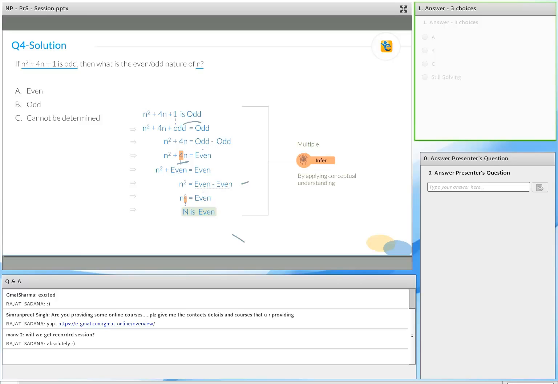If you are asking that question, that's an indication that you don't have clarity of conceptual understanding when it comes to the impact of operations on even odd numbers. Because if you're not able to apply these inferences properly, you need to build upon this process skill of inferring based on your conceptual understanding. Okay?